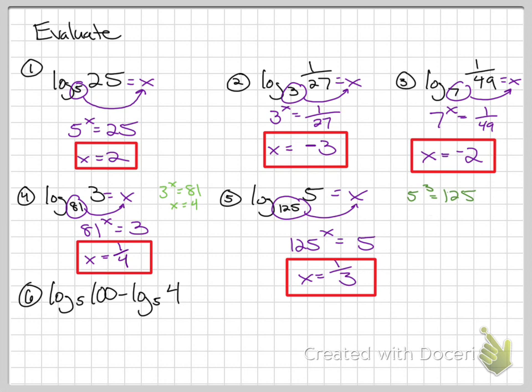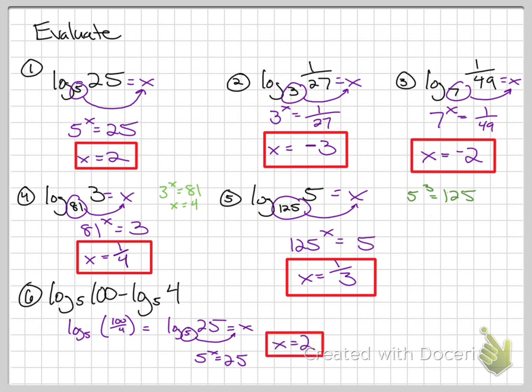Condense first, so minus means divide. 100 divided by 4 is just 25. Then equals x, change it to an exponent problem. 5 to what power equals 25? The answer is 2. So condense first and then evaluate.